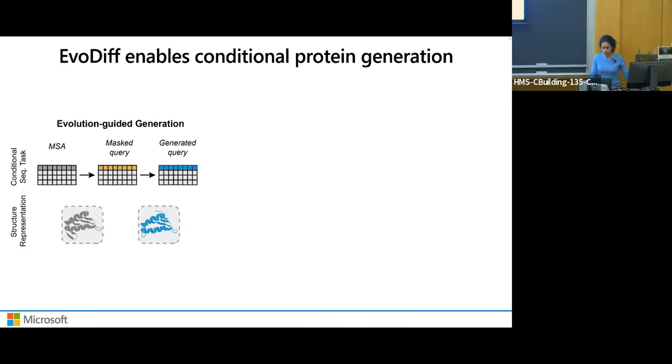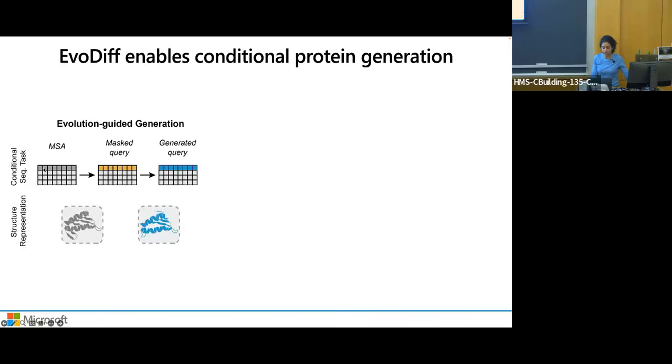So yeah, we explored a few different forms of this conditional generation. The first being, and for the sake of time I can jump back to this if it's of interest, we also trained similar models that can operate not on a single sequence, but can take in a multiple sequence alignment and generate entire MSAs.